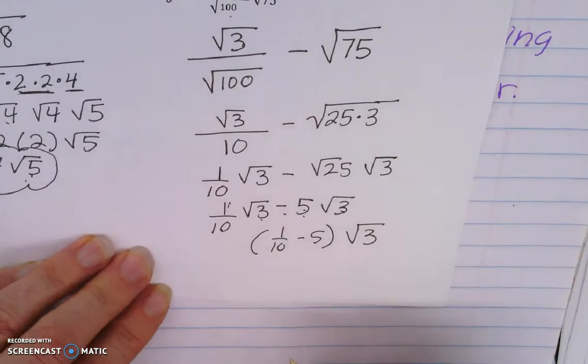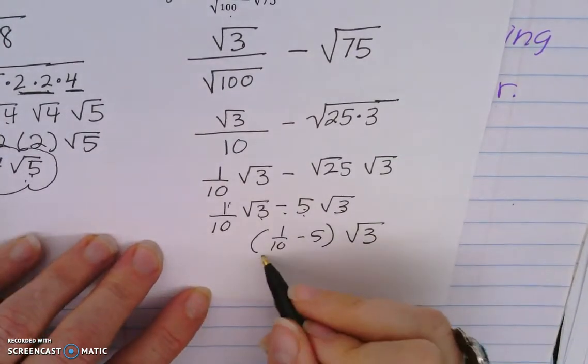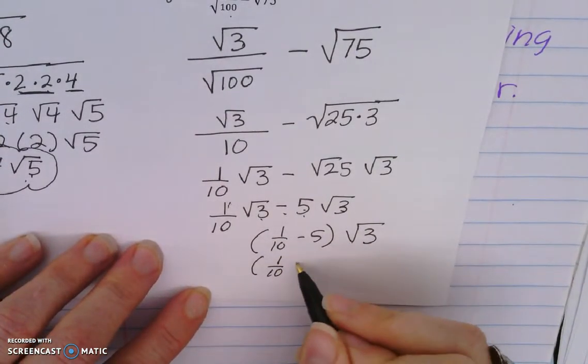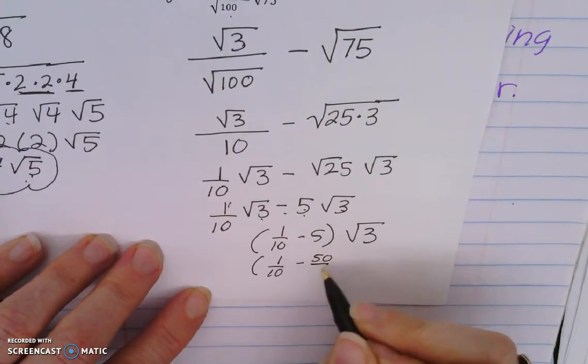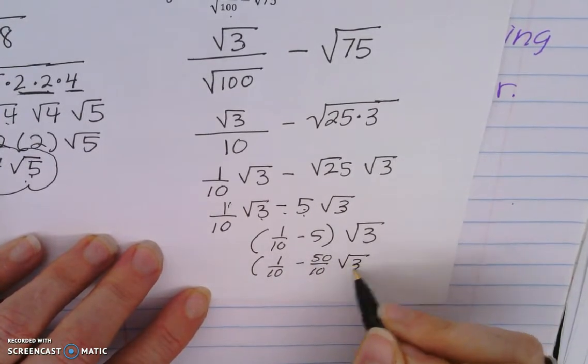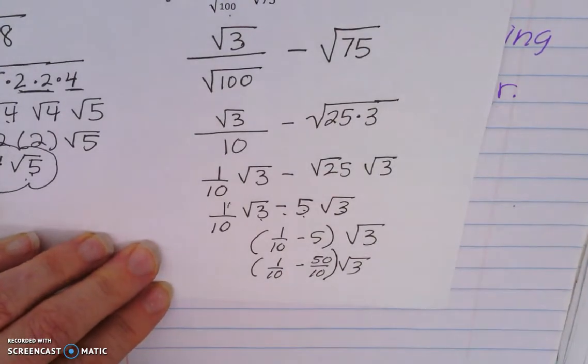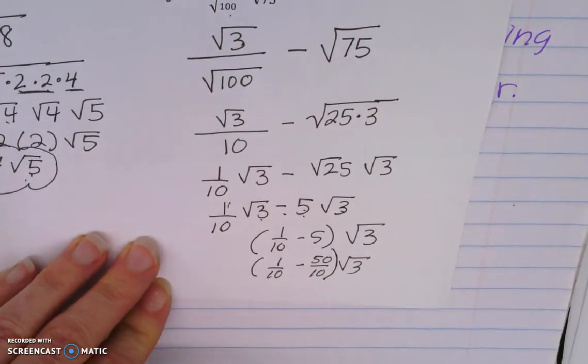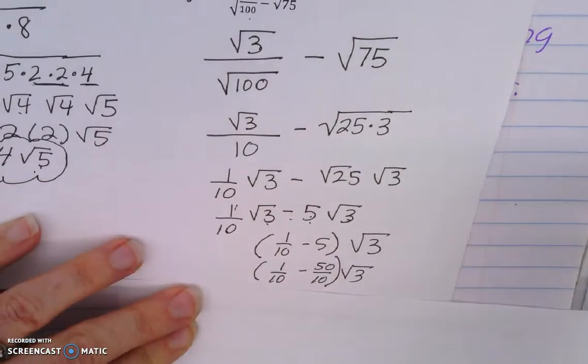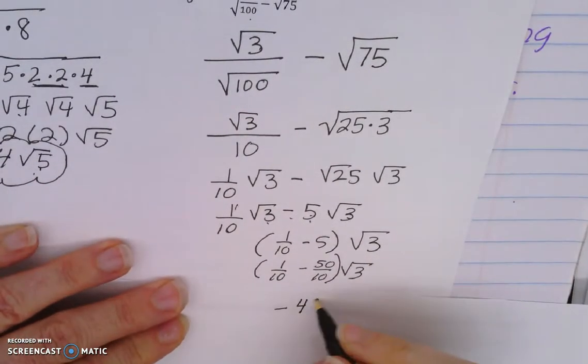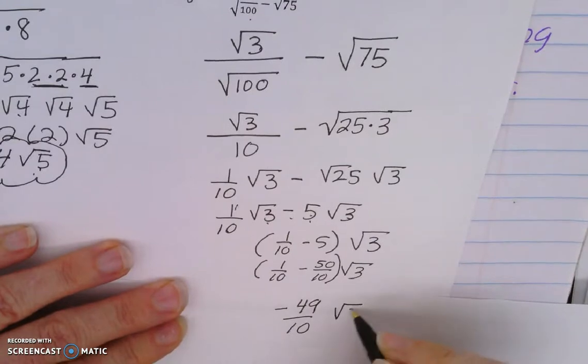If I want to subtract, I need a common denominator. So I'd have 1/10 minus 50/10 square root of 3. And from here, we end up with negative 49/10 square root of 3.